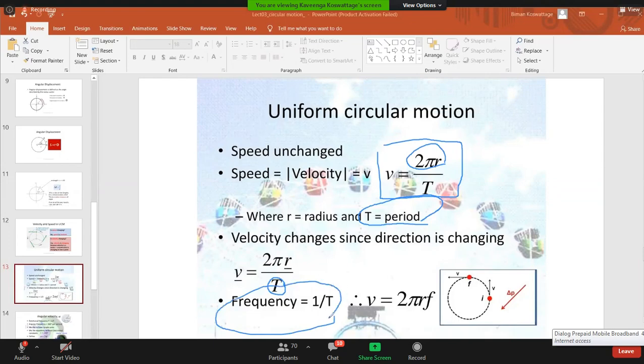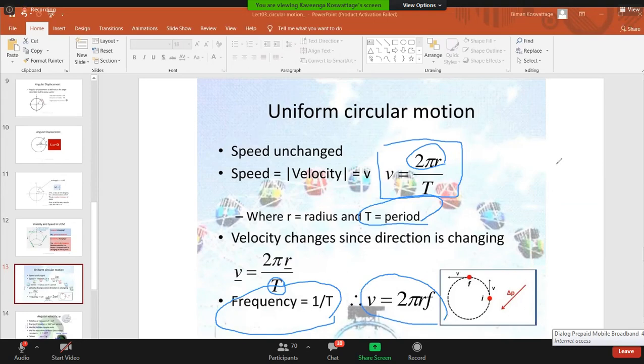Frequency is the inverse of the period. Then you can write the equation: the velocity is equal to 2πrf. This is what is happening, right?